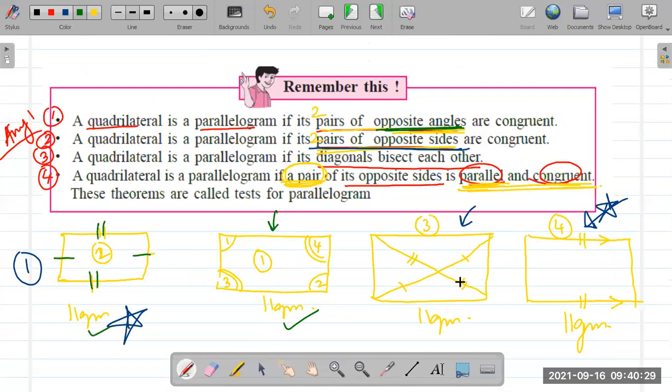If the diagonals bisect each other, the diagonals break each other into equal parts, then it is a parallelogram. And the last one, be very particular about this: if any one pair of opposite sides is both parallel and congruent, then it's a parallelogram. So using any of these 4 properties, we can prove that a quadrilateral is a parallelogram.